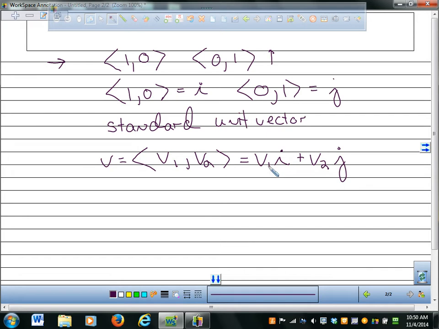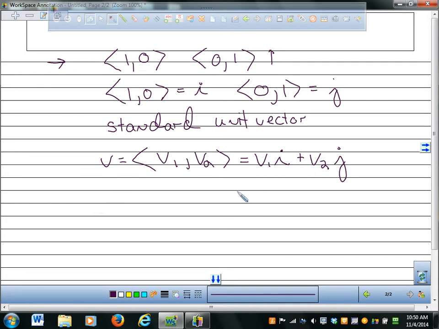So it means the same thing, but i just means horizontally, j just means vertically. And if you get to an engineering class someday, they use all i's, j's and k's. k is the in and out direction, if you're talking about 3 dimensions, and then you have to multiply vectors and do all kinds of crazy things with them. These are the horizontal and vertical components.